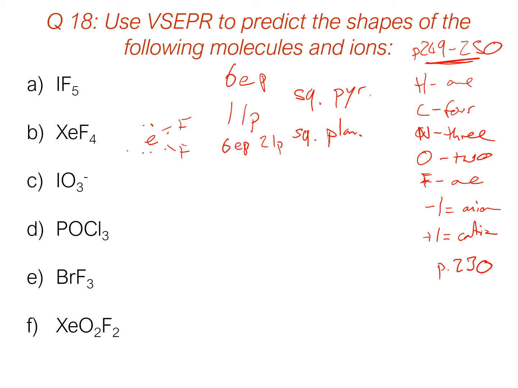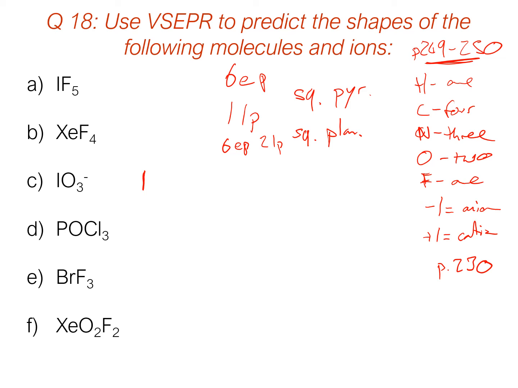Next up, we start dealing with double bonds and ions. So IO3 minus, iodine is the central atom. And this time I want to put 3 oxygens around it that has 1 negative charge. So if you remember, oxygen likes having 2 bonds to it.